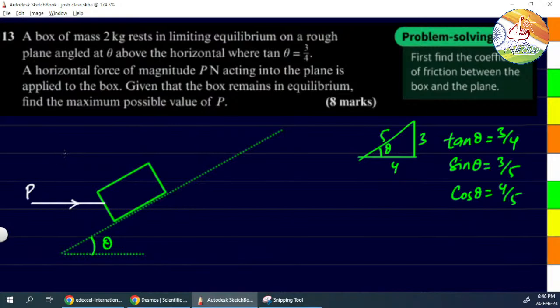If P is maximum, motion will happen upwards.